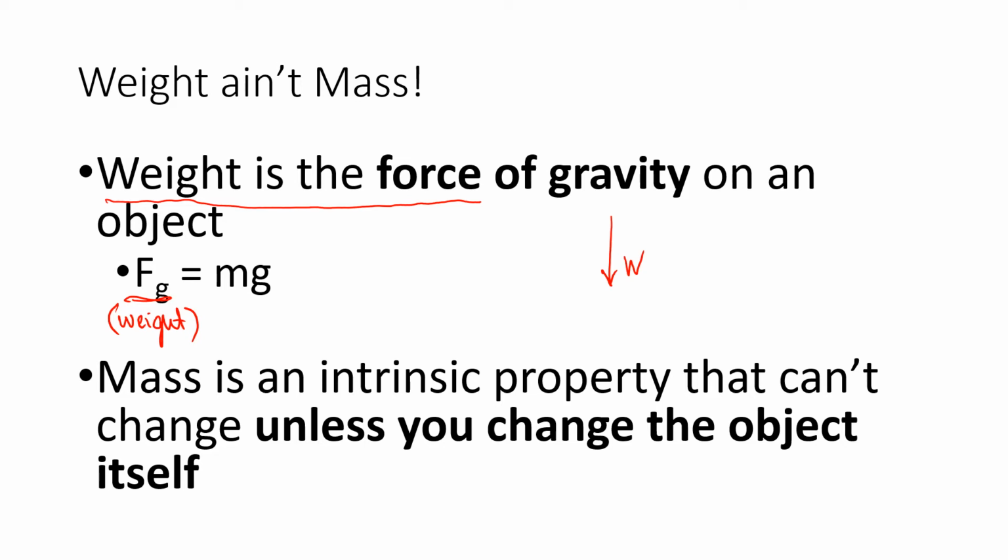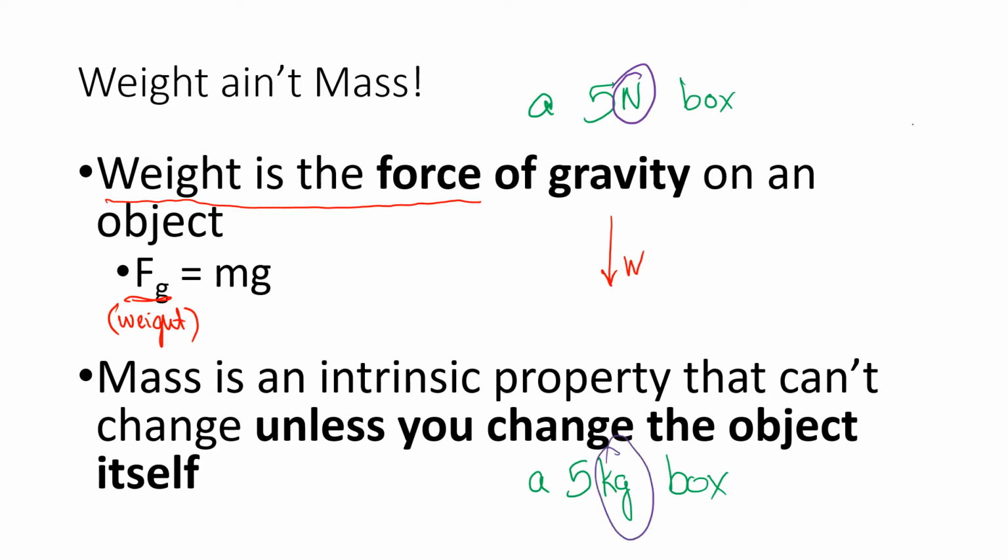And we also have to be careful in our word problems. In word problems, we can be very sneaky as physics teachers, and we can say a 5 Newton box. And we can say a 5 kilogram box.